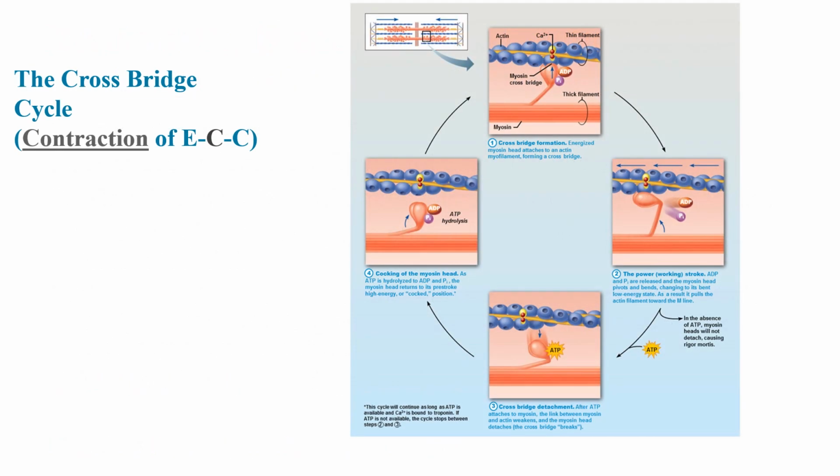Okay, so we've done the excitation-contraction coupling. Now we've got that calcium out there. We're forming cross bridges. How do we actually generate the power? This is known as the power stroke. Okay, just like a rower when they go stroke, stroke, stroke.